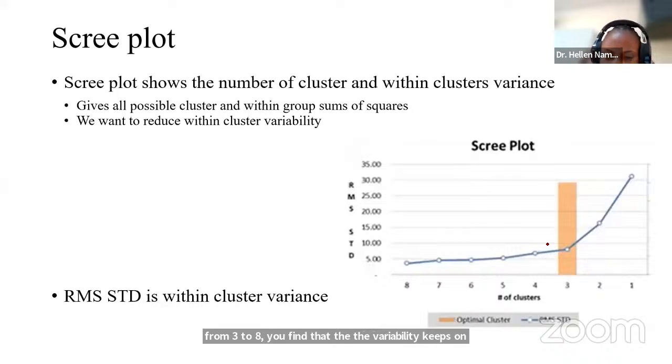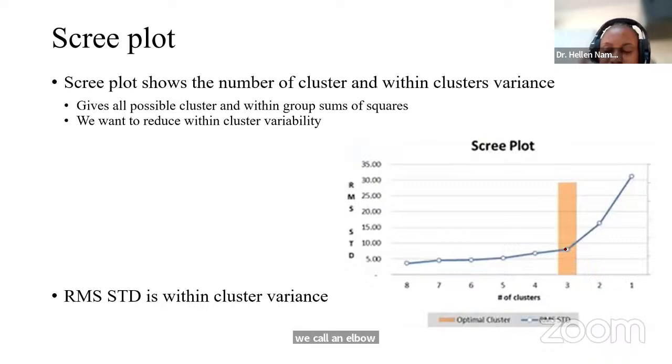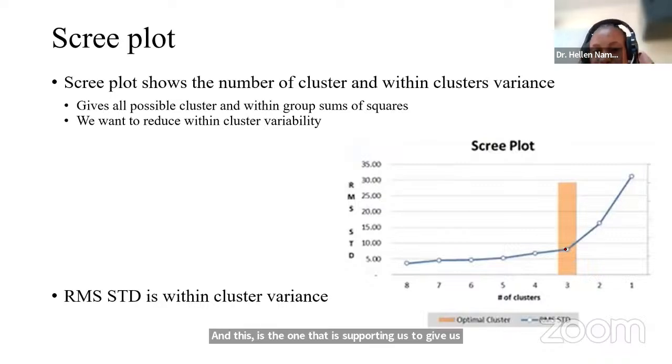So if you look at cluster number 3, we are seeing what we call an elbow. This elbow supports us in giving the optimal number of clusters that we need. Depending on the data set, where we see the elbow, like how it was illustrated yesterday by Professor Susan, it implies that within my given data set, these are the optimal number of clusters that I need.